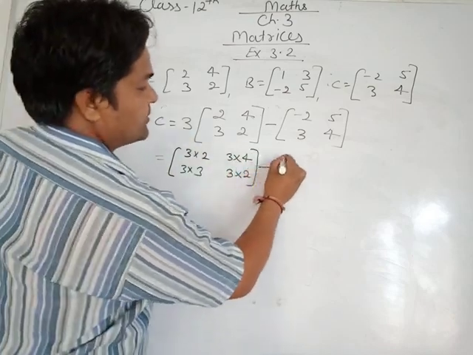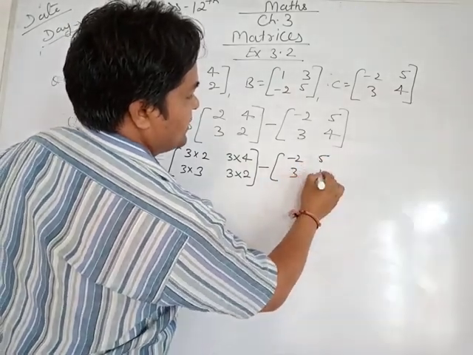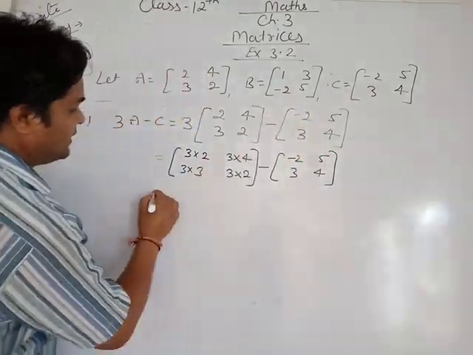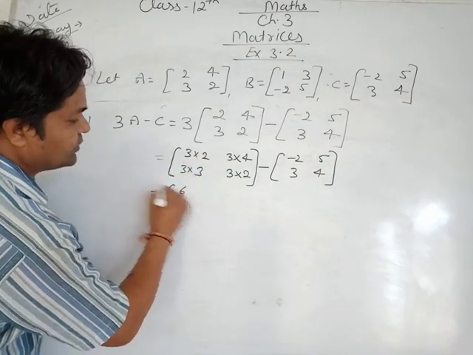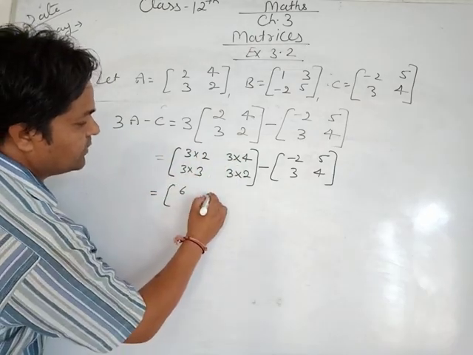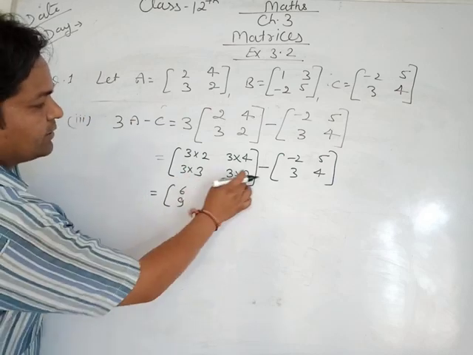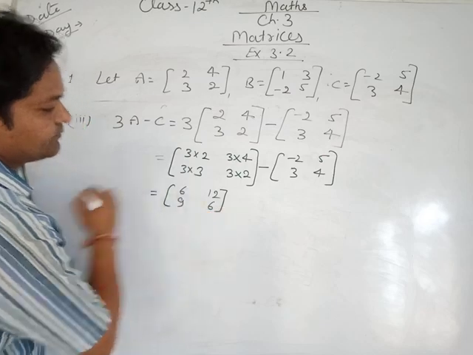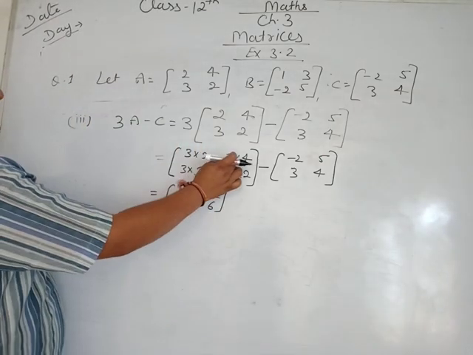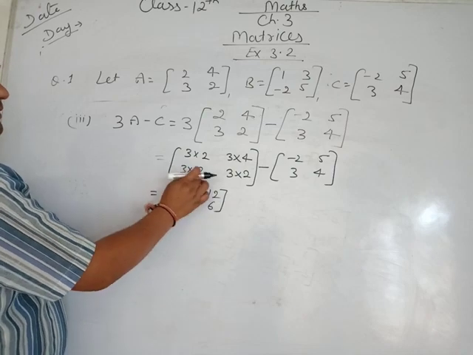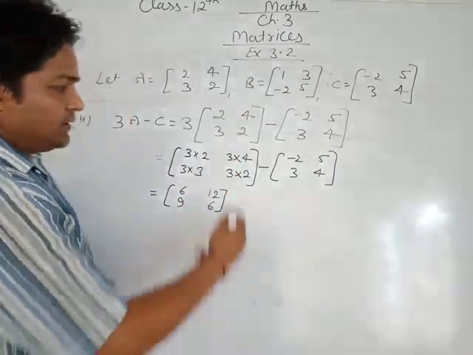Next, the subtraction is c, so minus 2, 5, 3 and 4. Again, 3 multiply 2 is 6, 3 multiply 4 is 12, 3 multiply 3 is 9, 3 multiply 2 equal to 6.